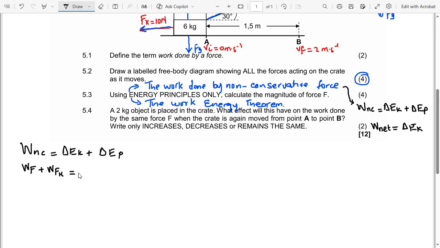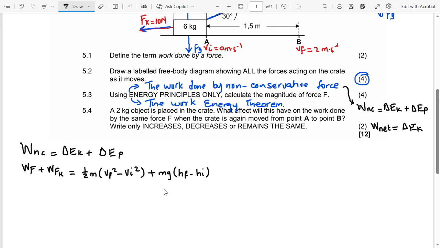We're going to equate this to the change in kinetic energy, which is 1/2 times the mass, times the bracket V final squared minus V initial squared. Then we add the change in EP, which is mg times the bracket final height minus initial height.